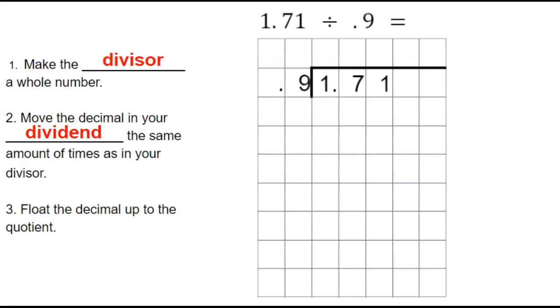We have 1 and 71/100 divided by 9/10. Our divisor cannot be a decimal, it needs to be a whole number. So we move it one time to the right. And if we move the decimal in our divisor one time to the right, then we move the decimal in our dividend one time to the right. Then float the decimal up to the quotient.